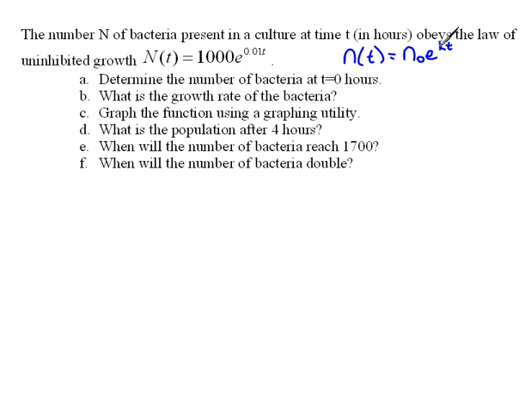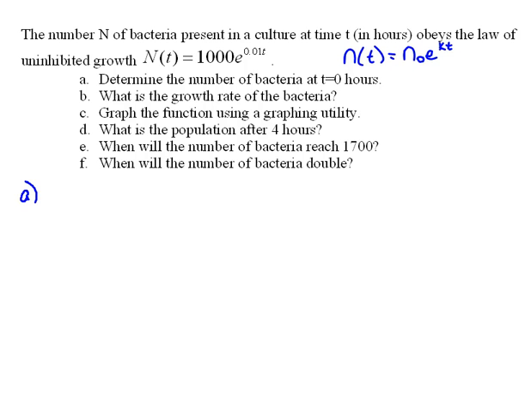The k is our proportionality constant, and the t is our time. The N of t, or it could be A of t, is our amount after time. Okay, so that's just to refresh your memory about where this formula is actually coming from.